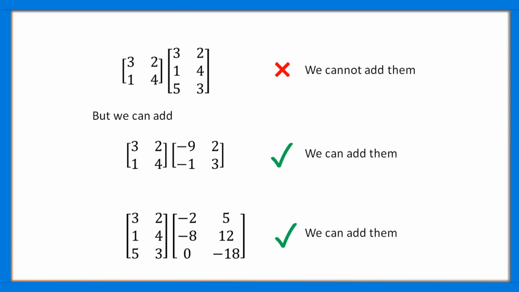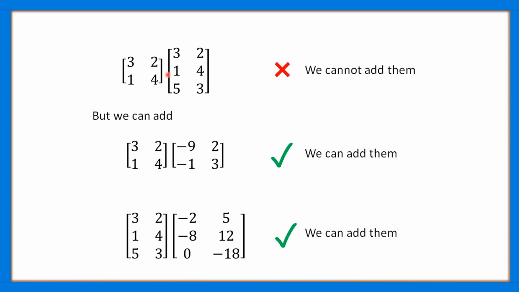Let us take some example. We have matrices 3, 2, 1, 4 and the matrix 3, 2, 1, 4, 5, 3. Can we add these 2 matrices? We cannot add these 2 matrices. And why can't we add these 2 matrices?